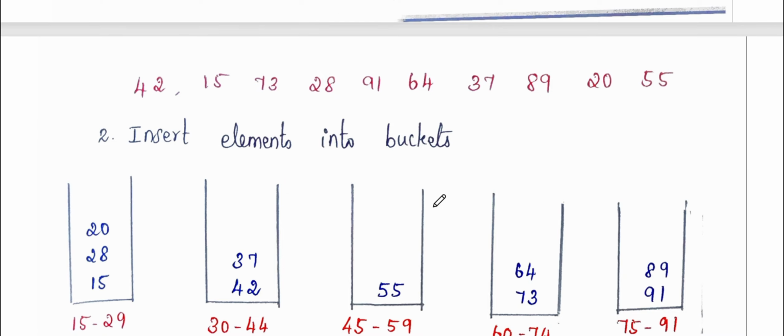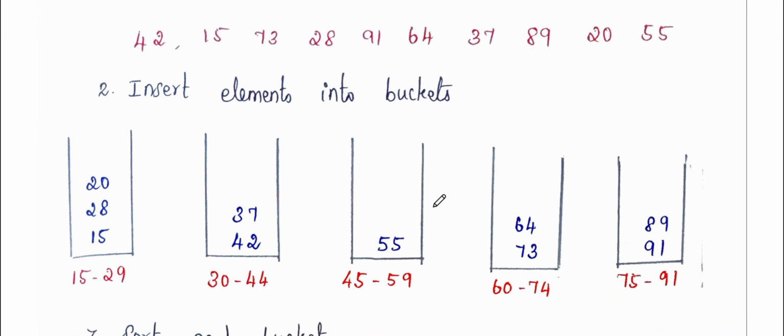Then we insert the elements into buckets. The initial range is 15 to 29, so the elements within the range are inserted into this bucket. So 15, 28 and 20 go into this bucket.